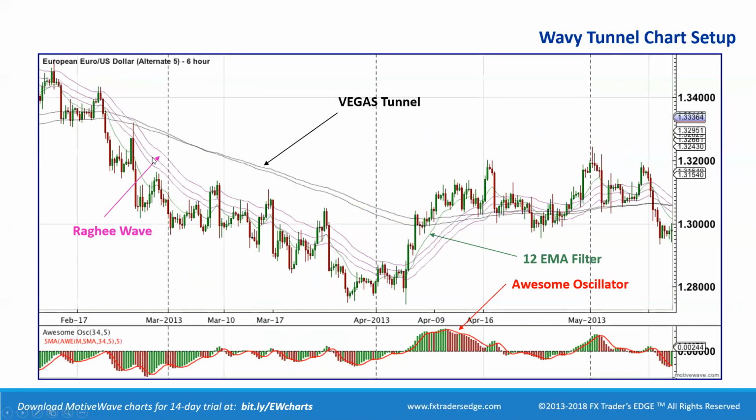We have the wave. This is the Raggy wave. Raghee Horner came out with the book on the wave. And then the Vegas, and she didn't even realize that the wave is so crucial in Elliott wave analysis. I actually sat down with her and had coffee with her, and I said, we use your wave in our Wavy Tunnel setup because it really measures the wave cycles very, very well.